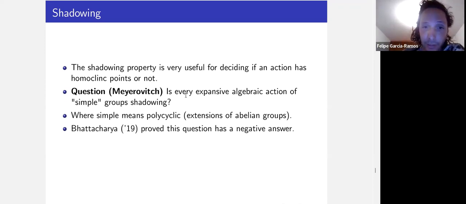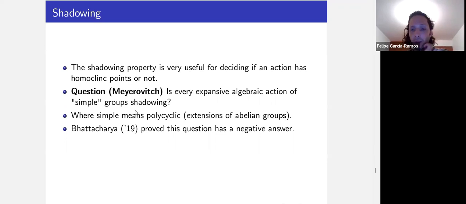And actually, this turned out to be false. Some years ago, Bhattacharya constructed an example of a polycyclic group and an action that was expansive but did not have the shadowing property.